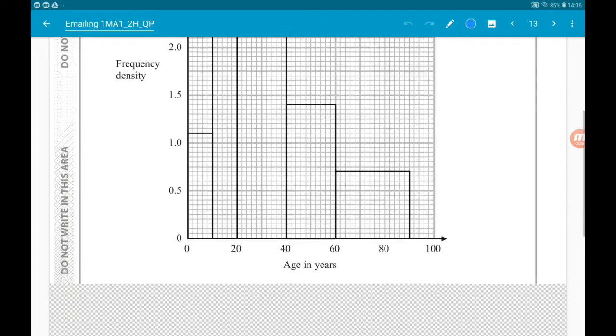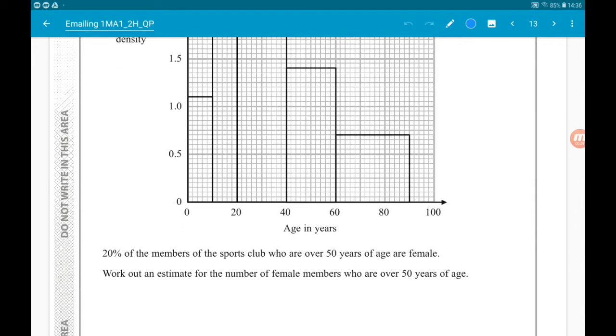We are told 20% of the members of the sport club who are over 50 years of age are female. We want to work out an estimate for the number of female members who are over 50 years of age.